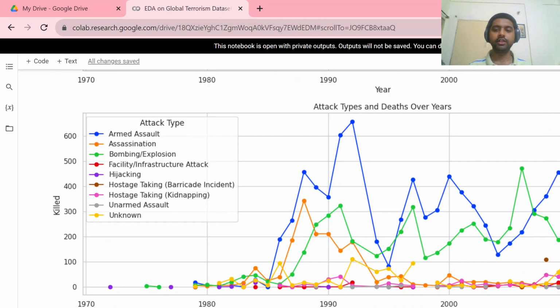The highest number of people died from armed assaults, although it is the second preferred by terrorist groups, and the number of people who died from bombing is almost equal to hostage taking.